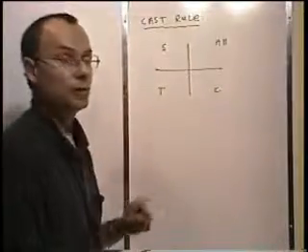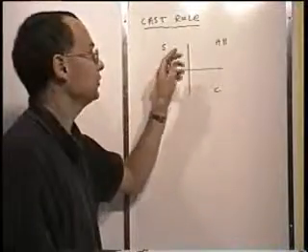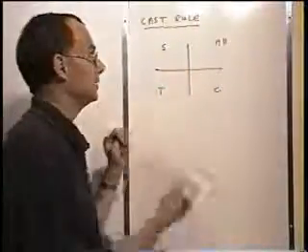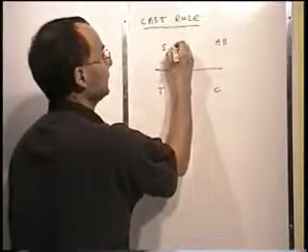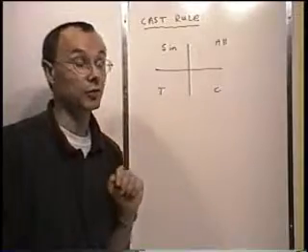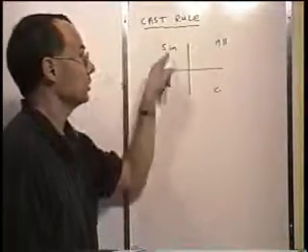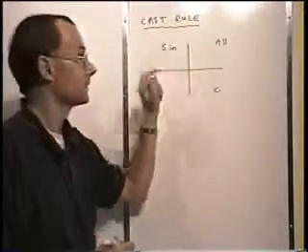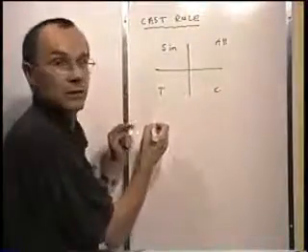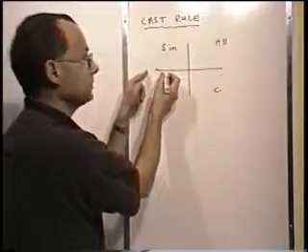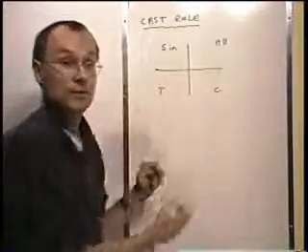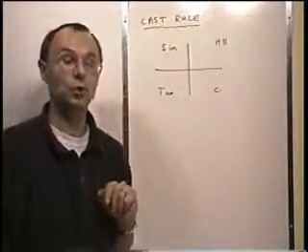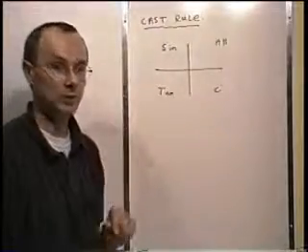However, when I go into quadrant 2 and the angles range between 90 and 180 degrees, then it turns out only the sine and its reciprocal, the cosecant, only those two are positive. The rest of them are going to be negative. When I mosey on into this third quadrant and I have angles between 180 and 270 degrees, it turns out only the tangent and its reciprocal cotangent are going to be positive ratios.